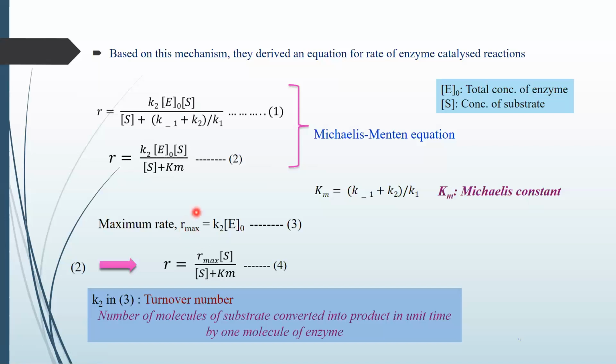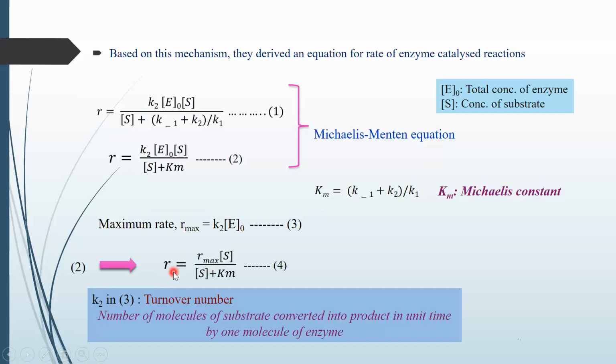Then the maximum rate of the reaction is equal to K2 into E0. Substituting R maximum for K2 into E0 in equation 2, that is the Michaelis-Menten equation, we can get the rate of the reaction in terms of R maximum.